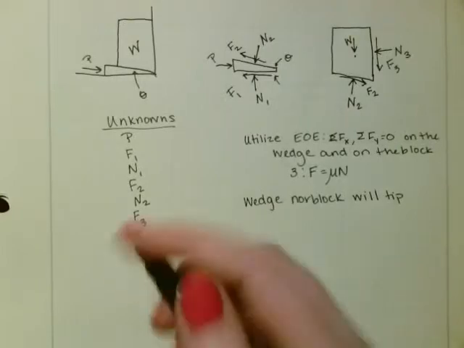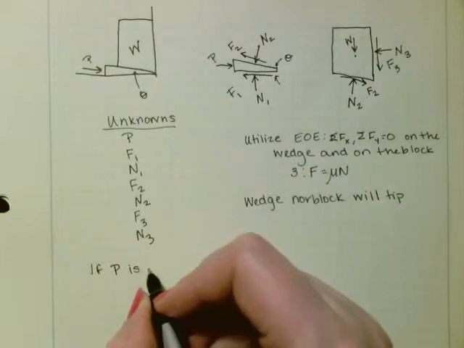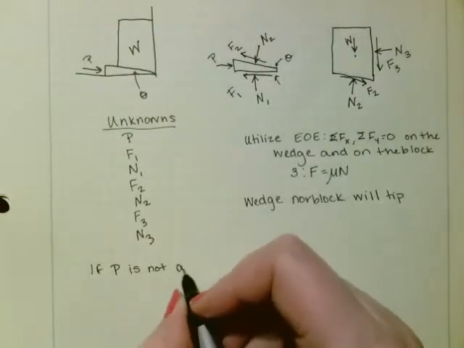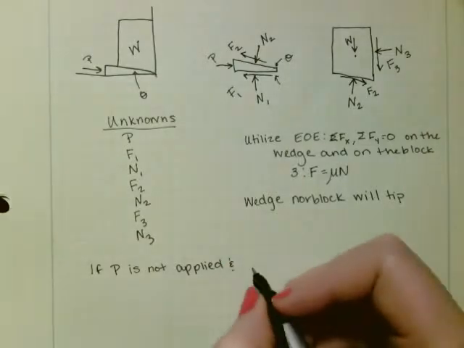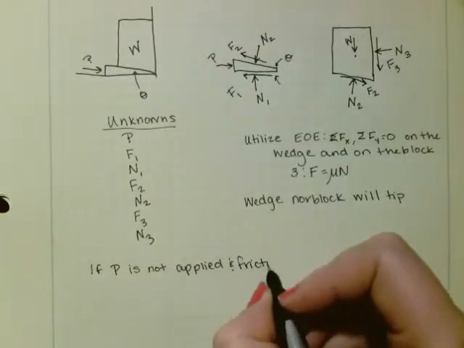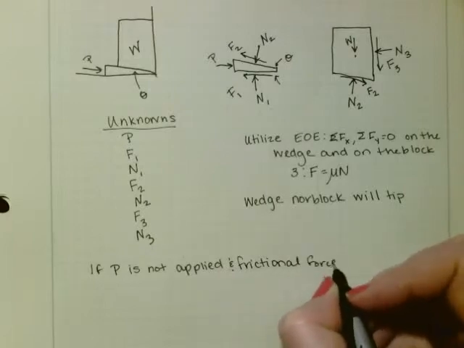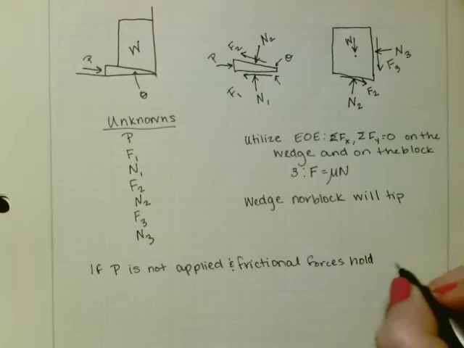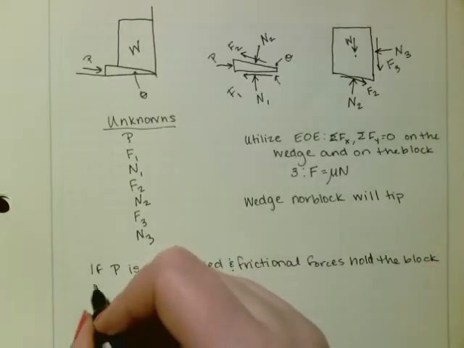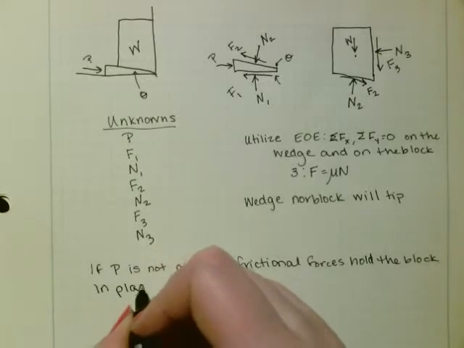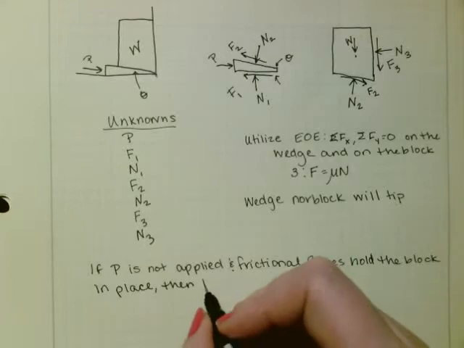Another aspect of this is if P is not applied, and the frictional forces hold the block in place, then the wedge is considered self-locking.